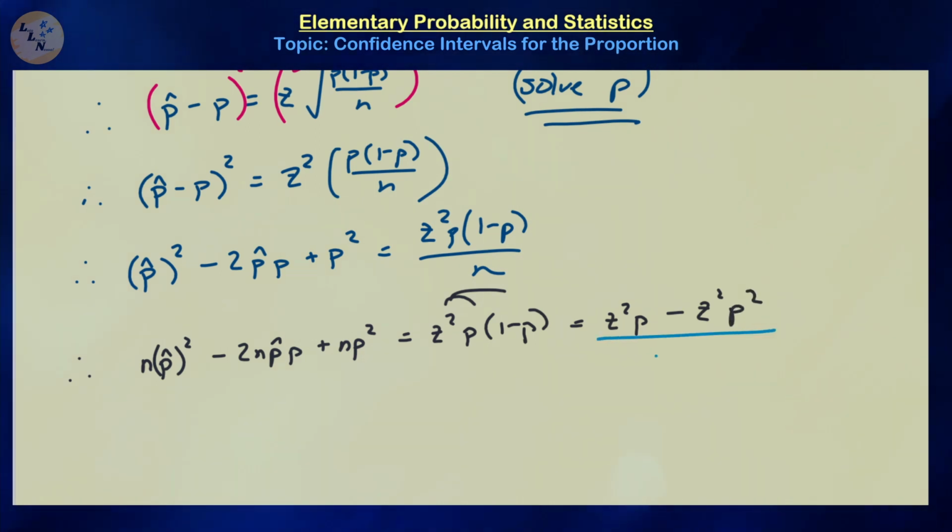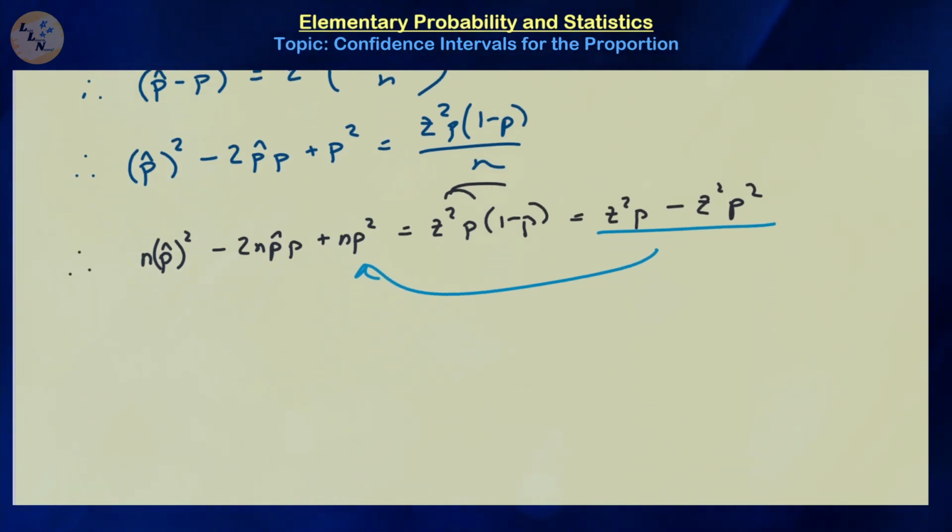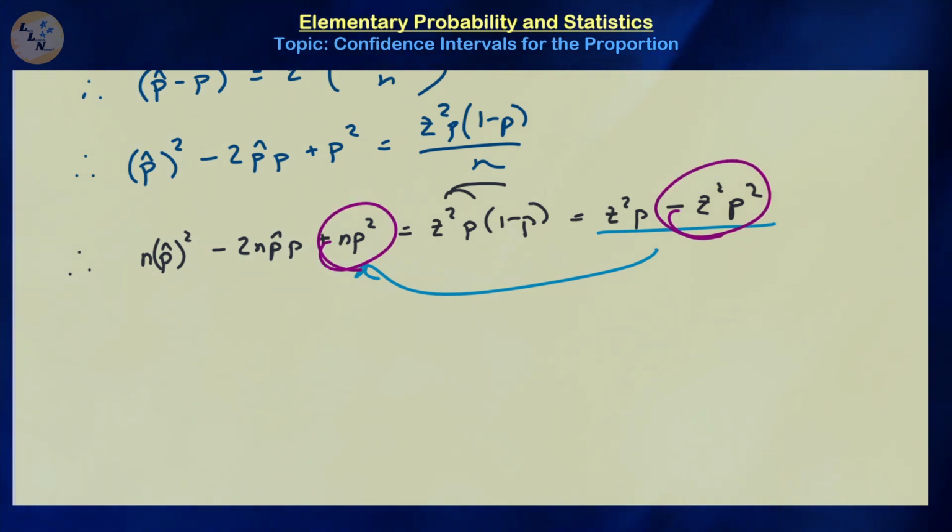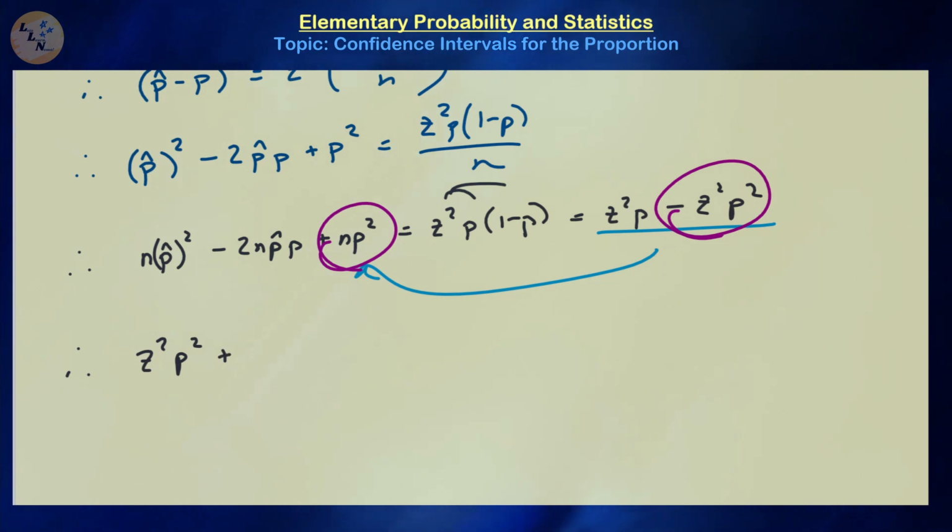And then I'm going to move these terms to the left-hand side of this equation, and I'm going to group my terms of p together. So I'm going to have this p squared term and that p squared term, and then I can group them together eventually. So what is that going to give me? That's going to give me z squared p squared plus n p squared. And then I'm going to have my p terms.